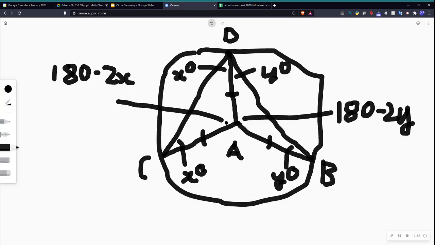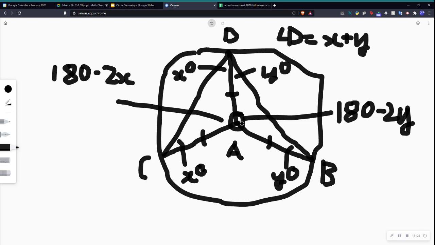So remember, we're trying to prove that angle A here is twice the amount of angle D here. So we know what angle D is now. This is just x plus y. So we'll just put angle D equals x plus y, all right? Now we're given that these two angles are 180 minus 2y and 180 minus 2x. And with angle A, this is 360 degrees.